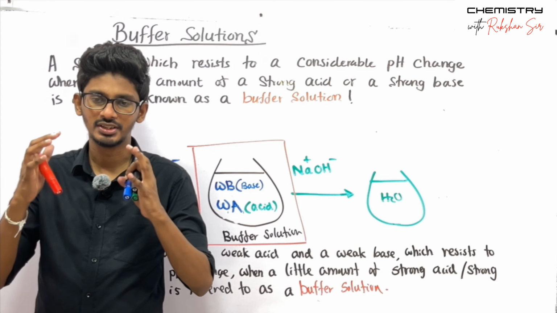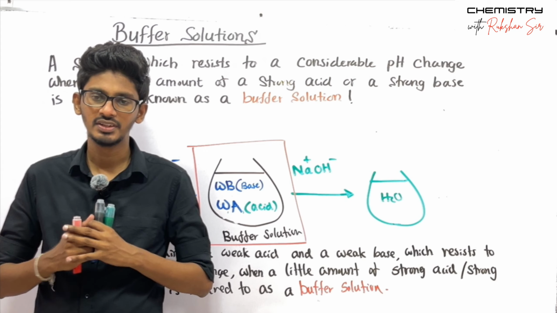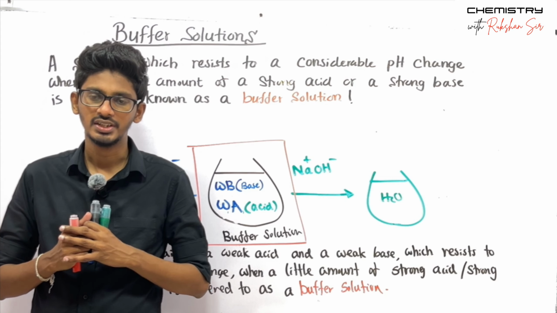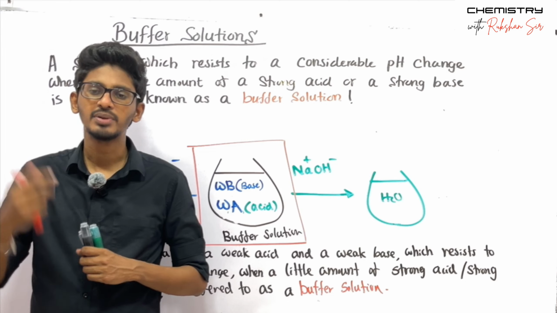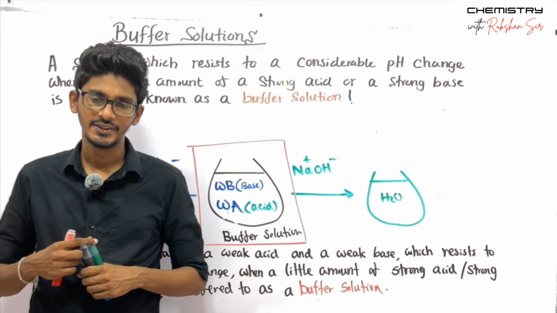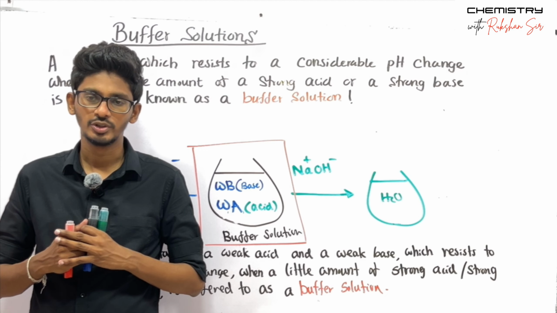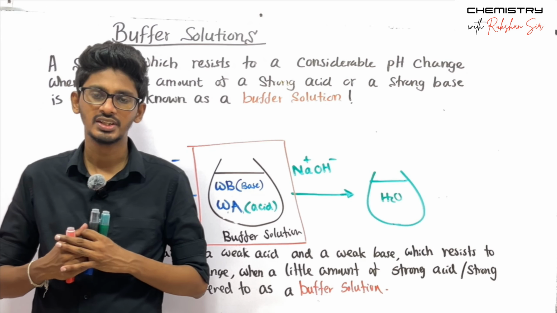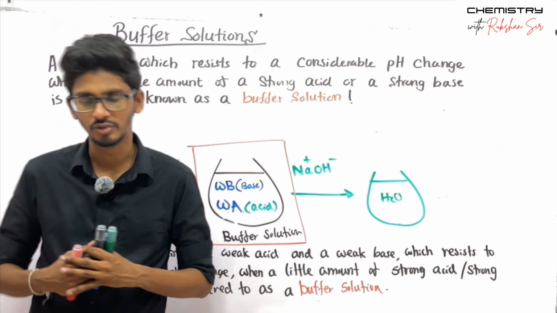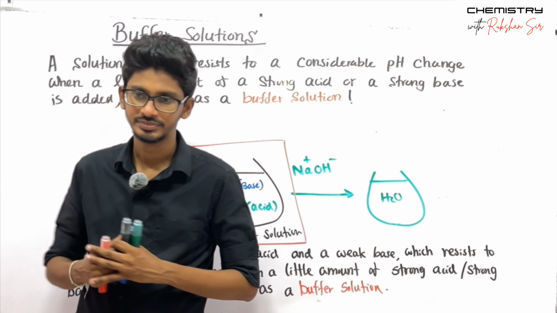So as you have a component with weakly acidic nature, it can neutralize the H pluses added by the strong acids, so that the pH won't drop considerably when you add a little amount of strong acid.